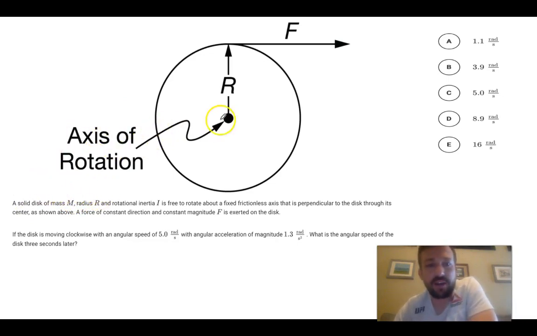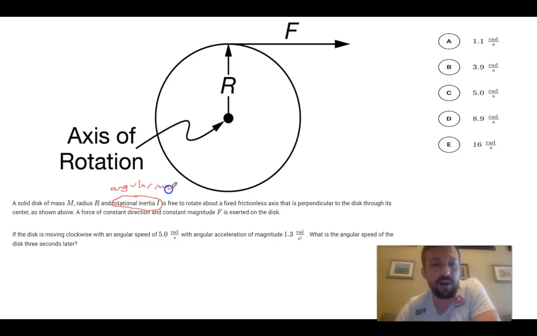So we have a wheel rotating. It has a radius r, and it looks like some force is being applied on it. A solid disk of mass m with radius r and a rotational inertia I. And here's an easy way of thinking of rotational inertia, and I'll talk about it more later on: it is angular mass.